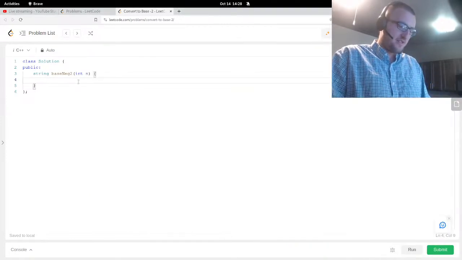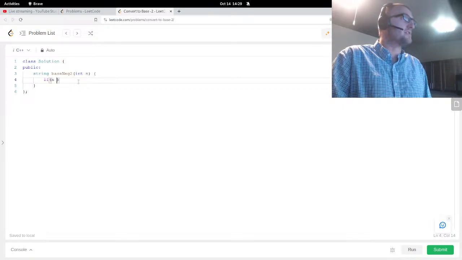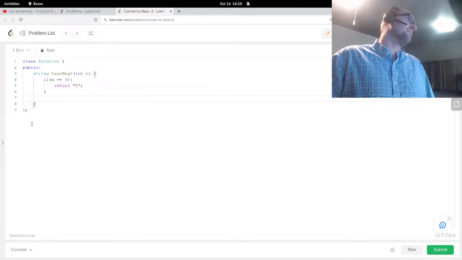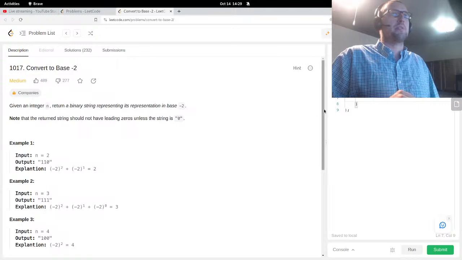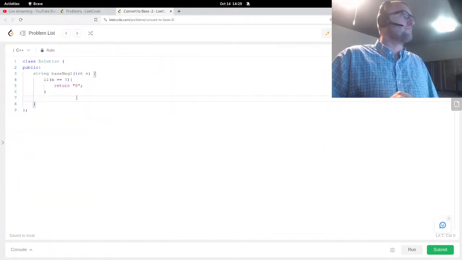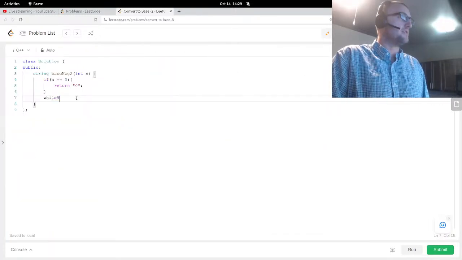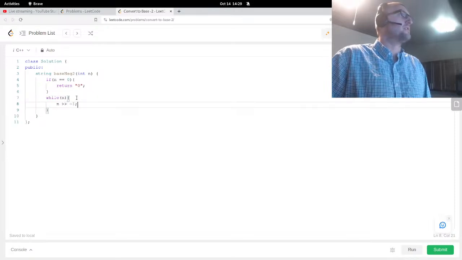All right, so if n is 0, then return 0. Keep this simple, it's kind of a special case. Otherwise, we could say while n, n bit shift 1.